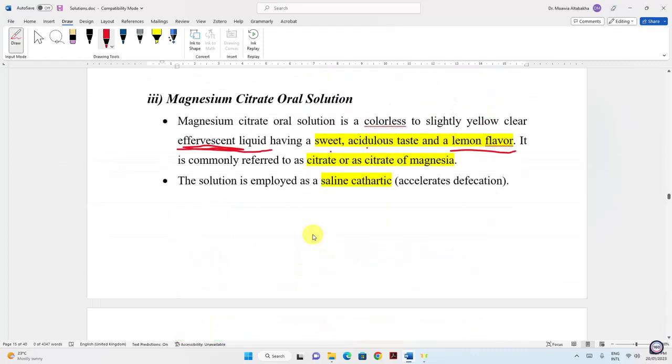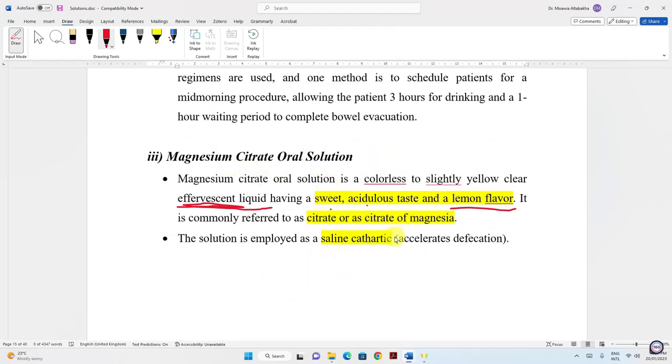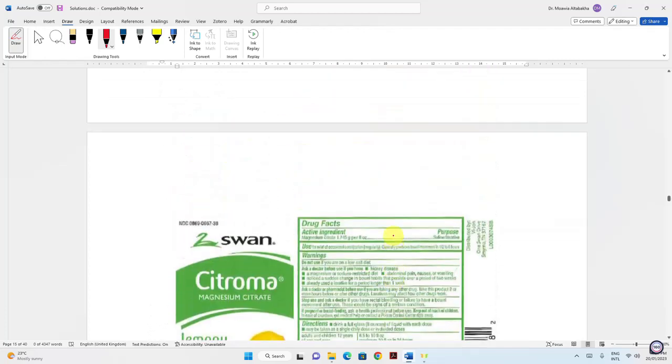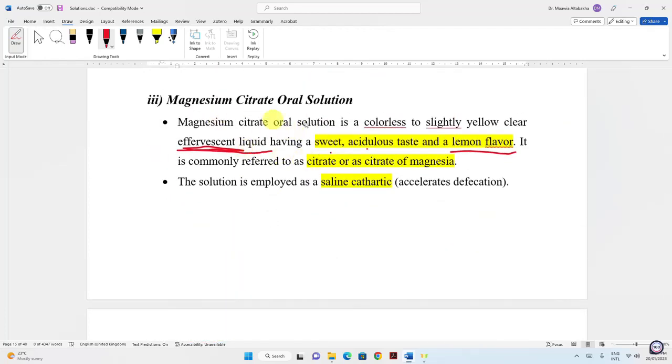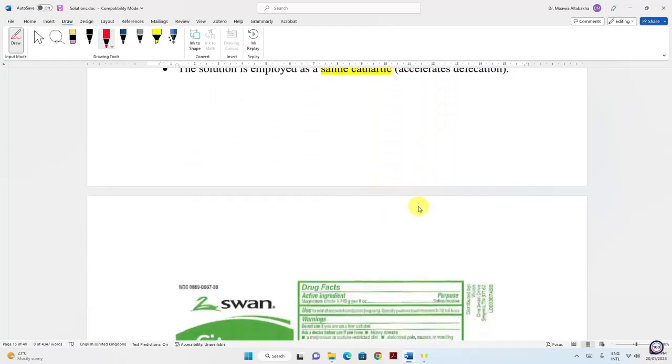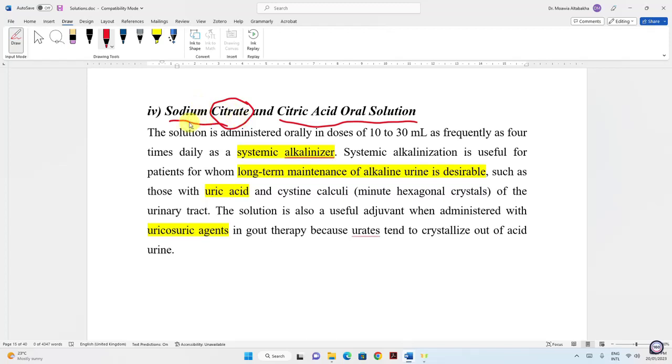Even magnesium citrate is an alkaline, but we are not using it here as an antacid. We are using it to accelerate defecation. Why are we using sodium citrate? We are using it as a systemic alkalinizer.